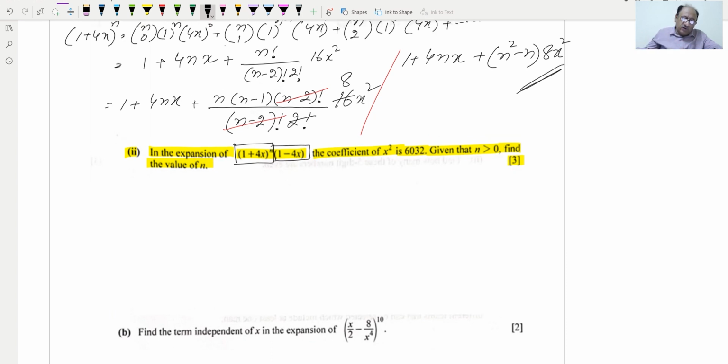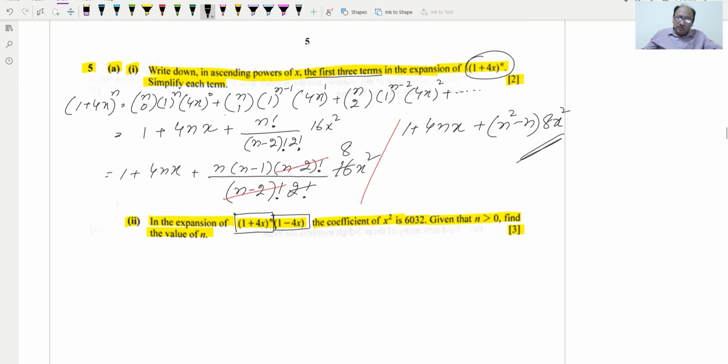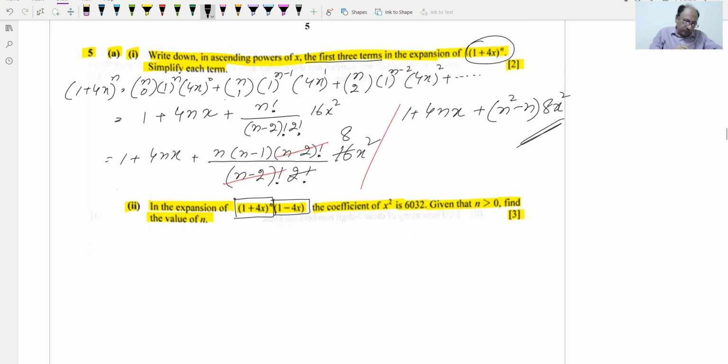The expansion of (1 + 4x) raised to power n we have already expanded in the previous part, so we will be using that expansion, in brackets: 1 plus 4nx plus (n square minus n) into 8x square, and this will be multiplied by (1 minus 4x).